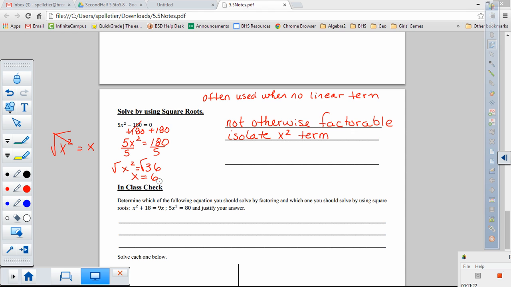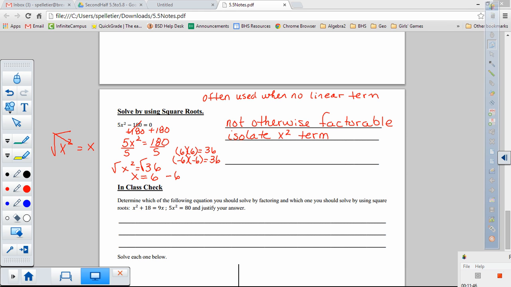But x could also equal negative 6. Whenever you do the square root, you have to always take into consideration that negative value. Let's check it. Positive 6 times positive 6 is equal to 36. So that works. But negative 6 times negative 6 also equals positive 36.